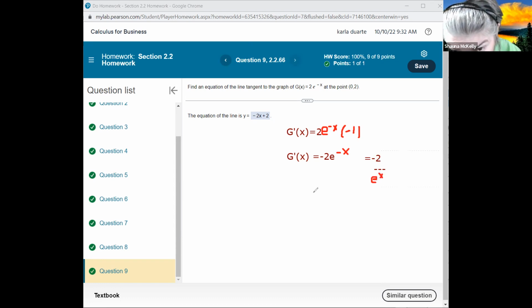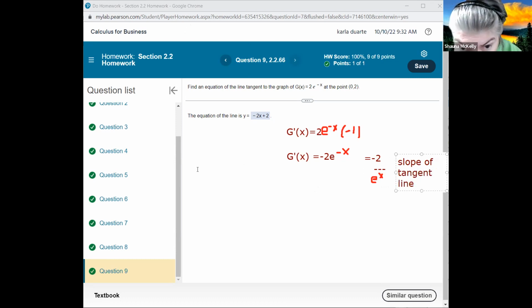And remember, whichever version you use, this expression is the slope of the tangent line.